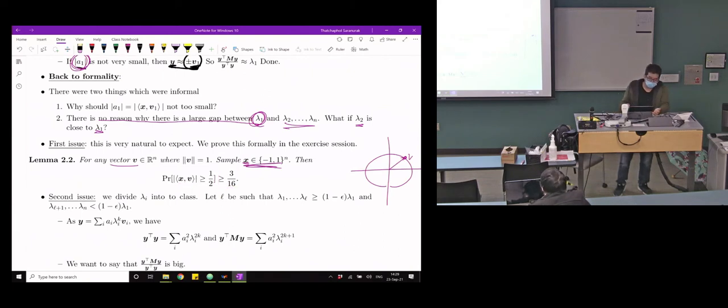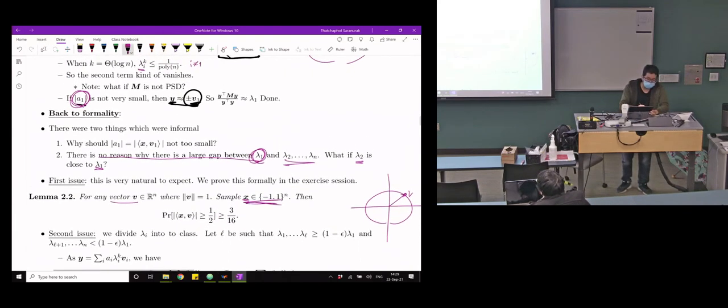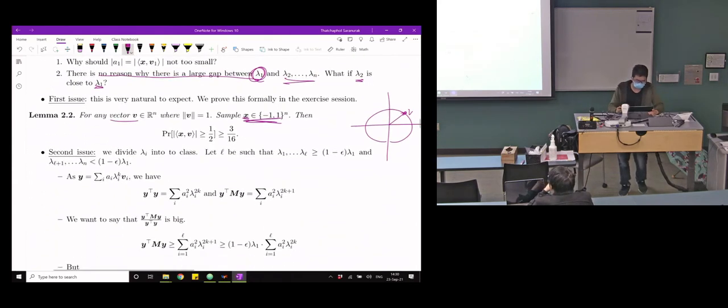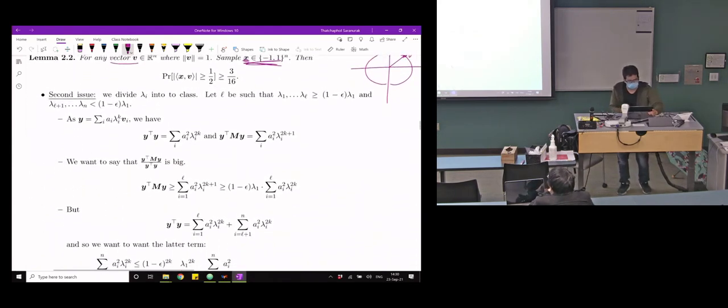And if this is the case, then A1 is not going to be too small, right? X is going to be in the same direction as the first eigenvector with constant probability. Okay, let's assume this. I will prove it tomorrow, maybe.